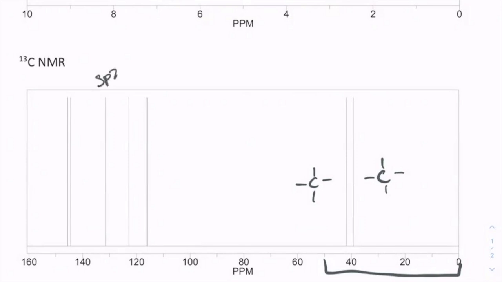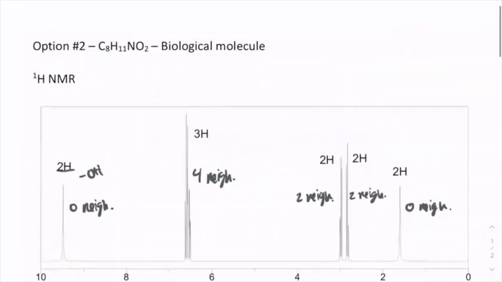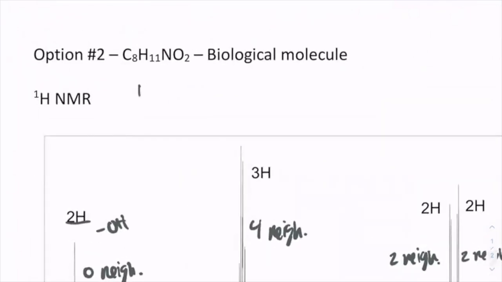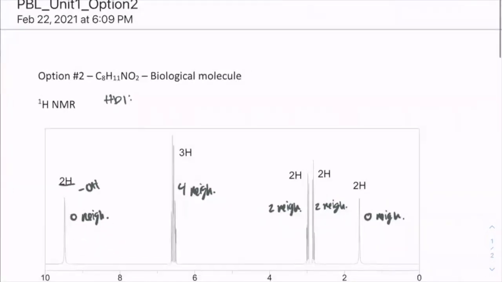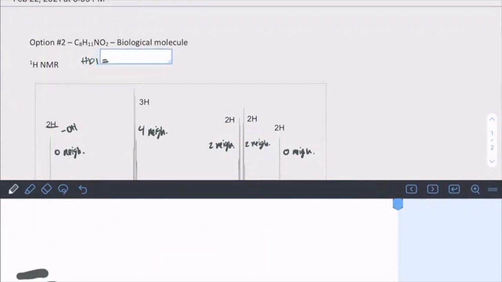Oh wait, did we calculate the HDI? Oh, no. I don't have my calculator. Someone have a calculator? I got it. Isn't it +3 for nitrogen? That's just +1. Is it really? I honestly don't know.